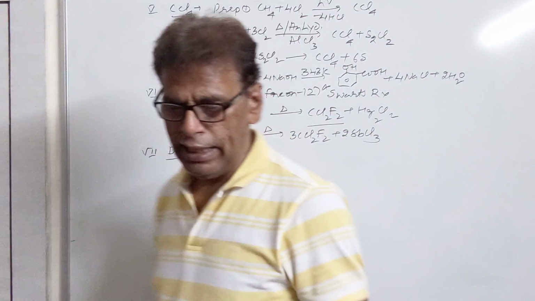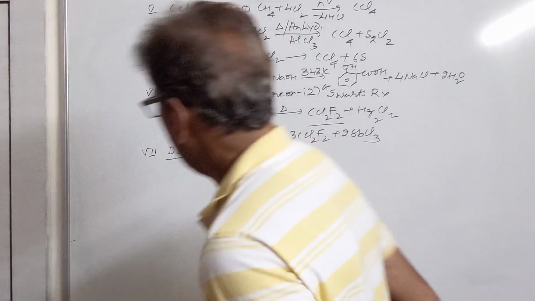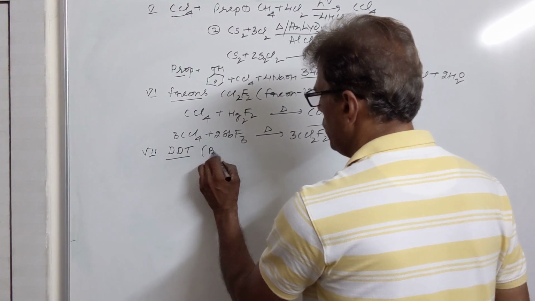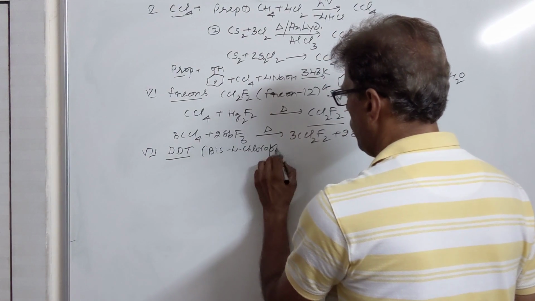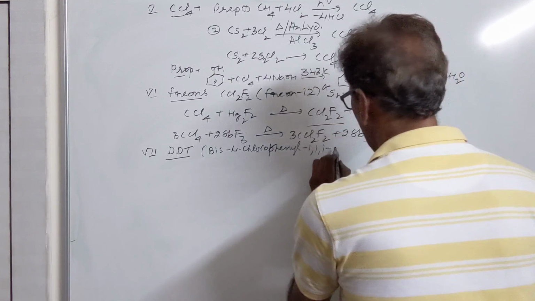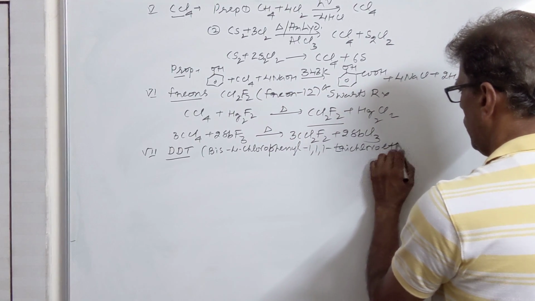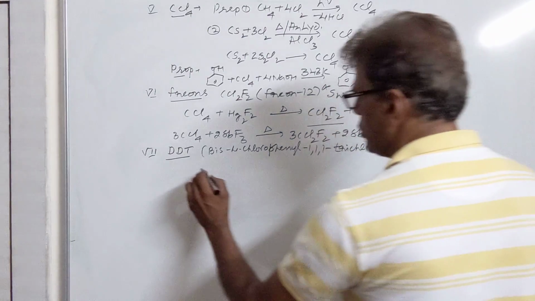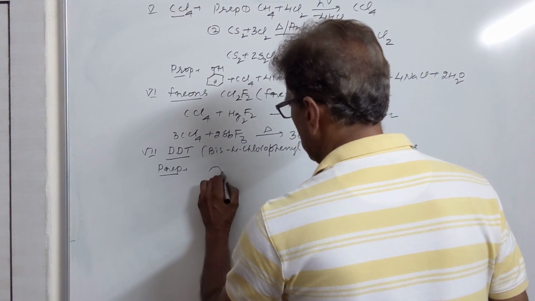The name of DDT is para-dichlorodiphenyltrichloroethane, or it is also called bis(4-chlorophenyl)-1,1,1-trichloroethane. Let us do its preparation. We have done it just now, let us repeat that.